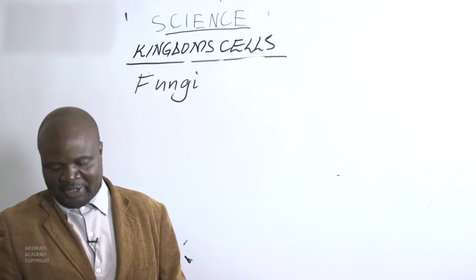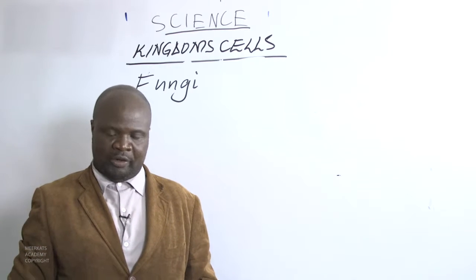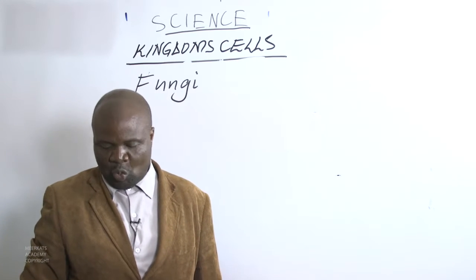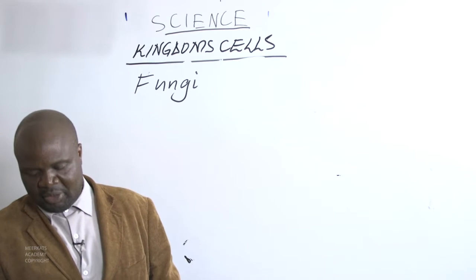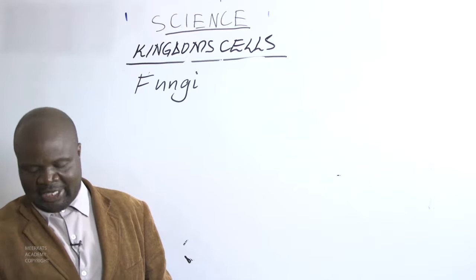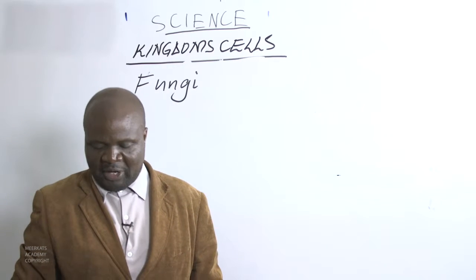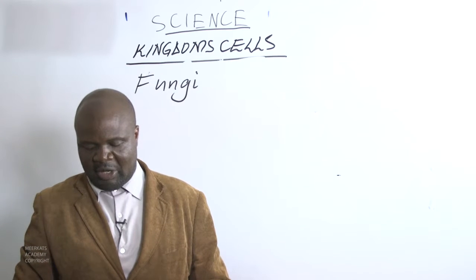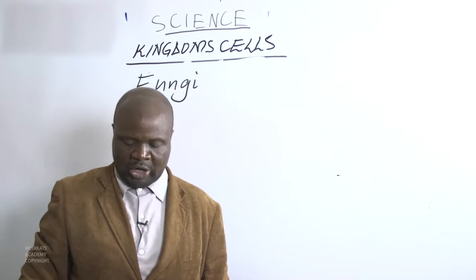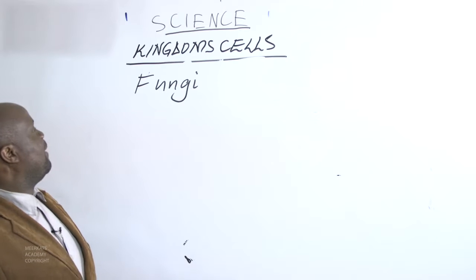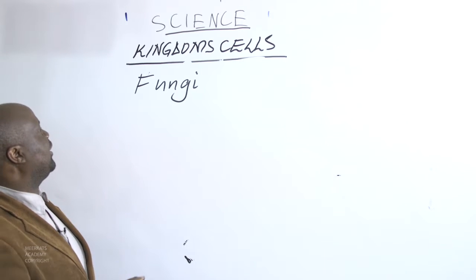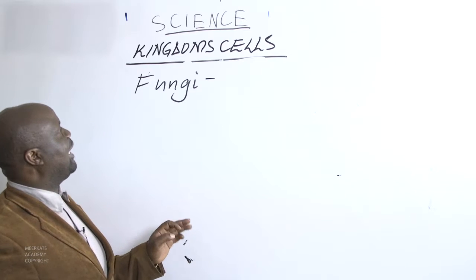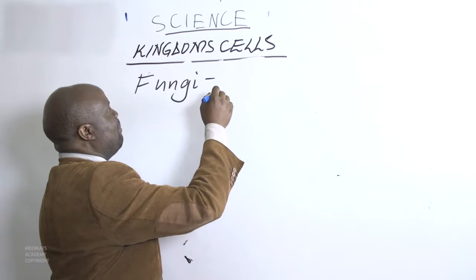The cells in fungi have a cell wall. The cells in the fungi kingdom have a cell wall, and they do not contain chloroplast. Fungi feed mostly on dead materials from other living organisms. So these are the major characteristics of fungi. One, we have some organisms in the fungi kingdom that are multicellular.